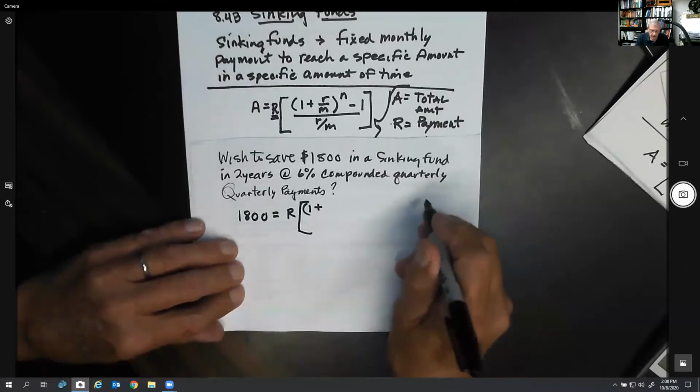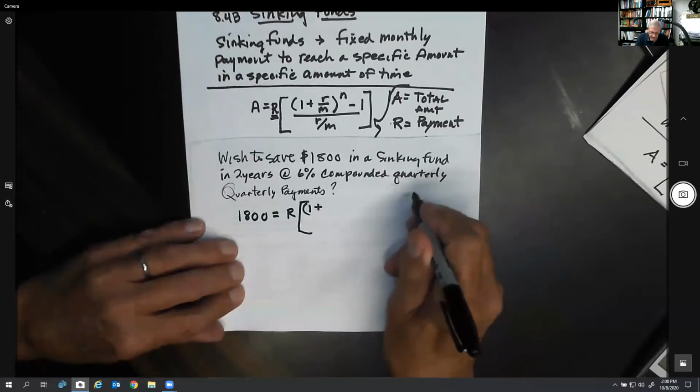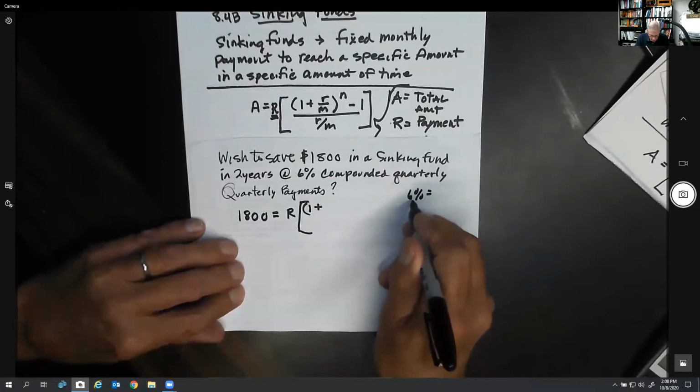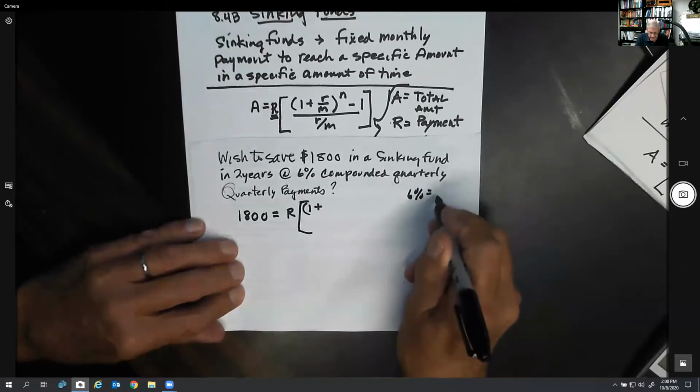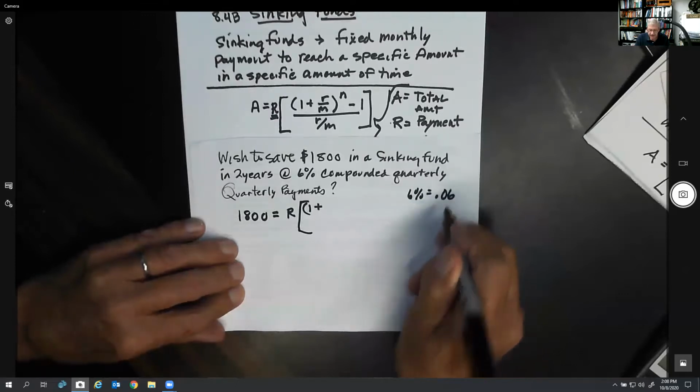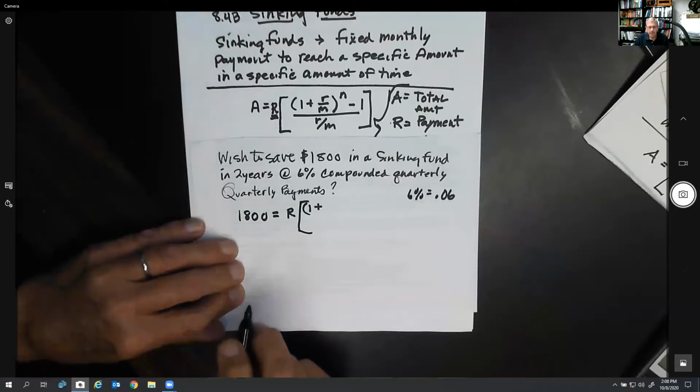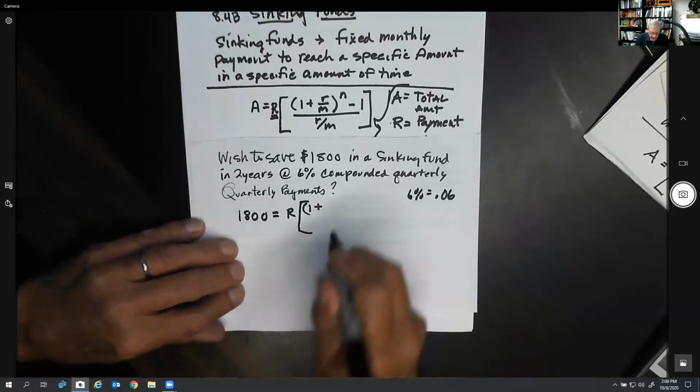So what we have to do over here, I'm going to put off to the side, 6%. We need to change it to, we're going to move the decimal 2 places to the left. That's 0.06. And we're going to divide that.